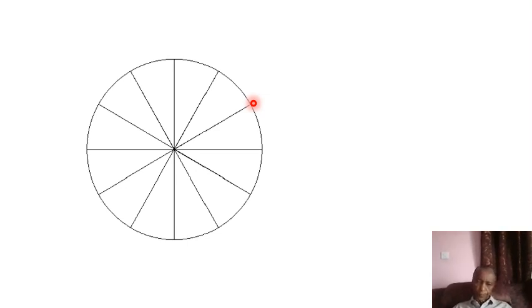And for those points that you have marked, now if you draw a line passing through the center, it will be able to touch the other mark that you have done there, and this will be an angle of 60 degrees.